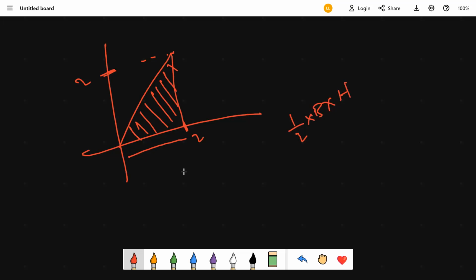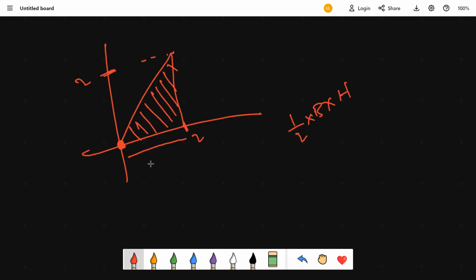So what is the base here? This is the base here. Now, do you know the base length? Yes, sort of. We can see that the triangle starts from the origin, I mean, the 0 value of x, and continues to the coordinate of x where it is 2.